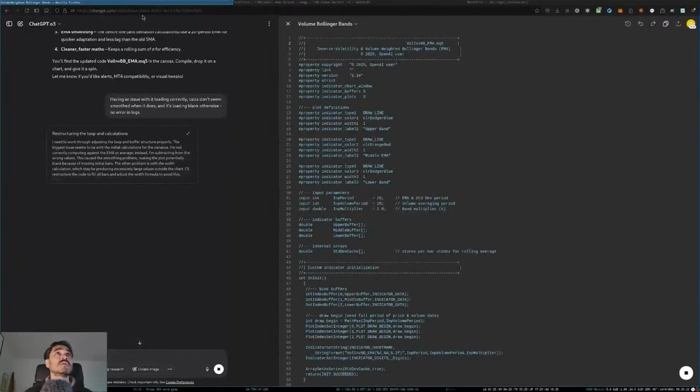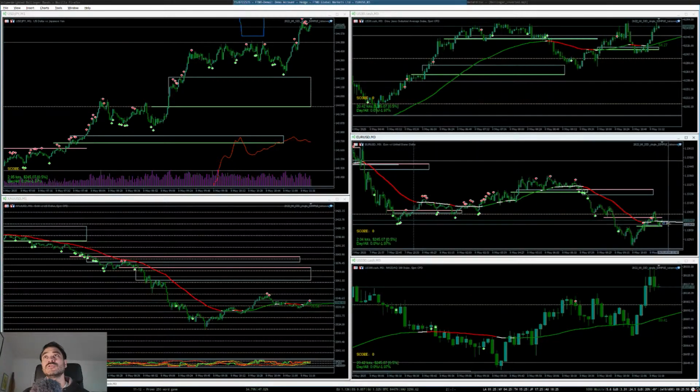Subtracting from the wrong values caused the smoothing problems. Well, it's annoying. If you know this now, why didn't you pick it up the first time? Any other trades I'm just blindly missing here?